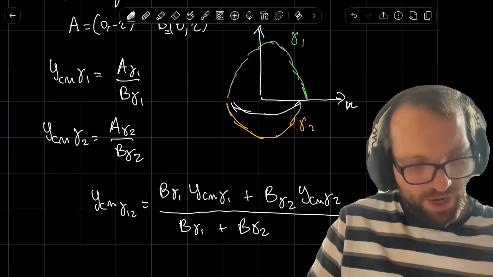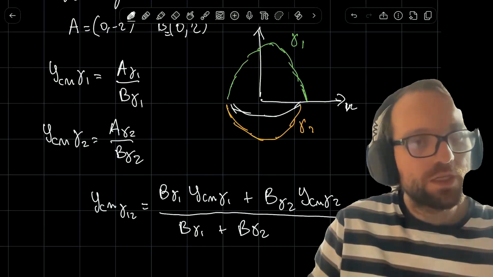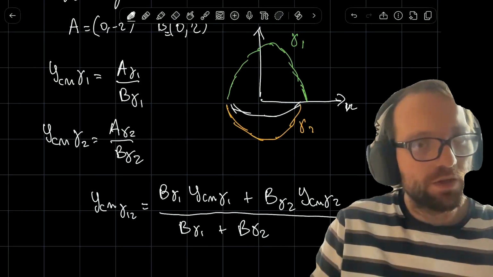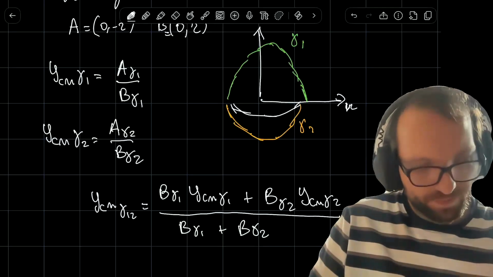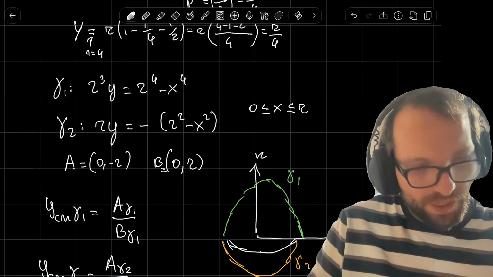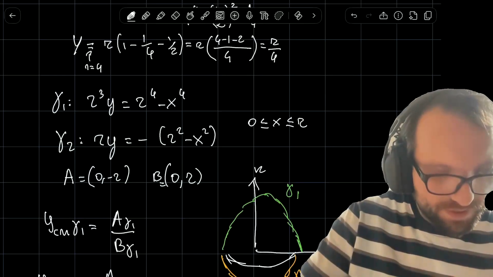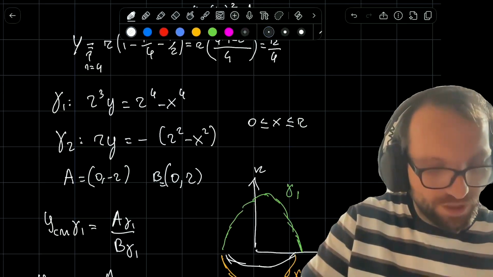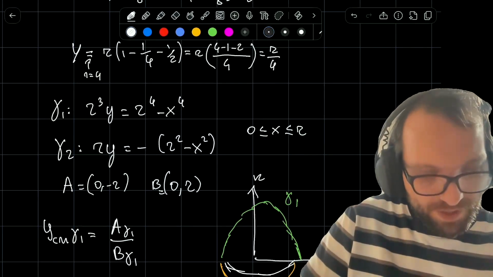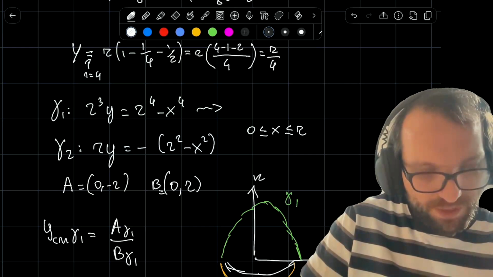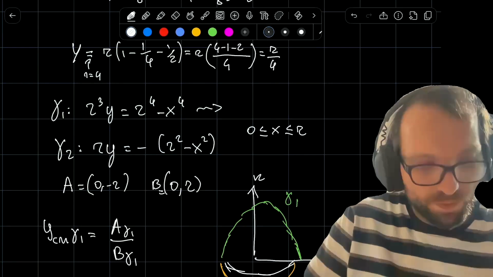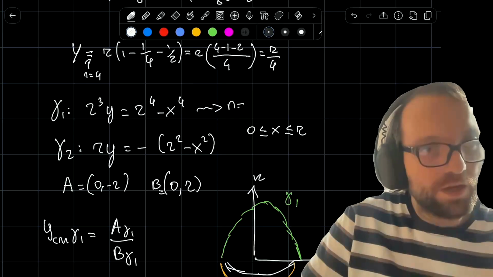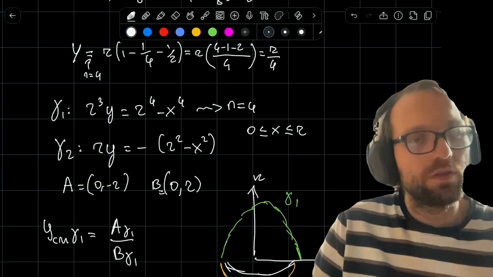Okay, so now what we need to do is calculate those terms. But what can we notice? We don't need to redo everything from scratch, because gamma 1 is exactly the curve that we analyzed before with n equal 4.